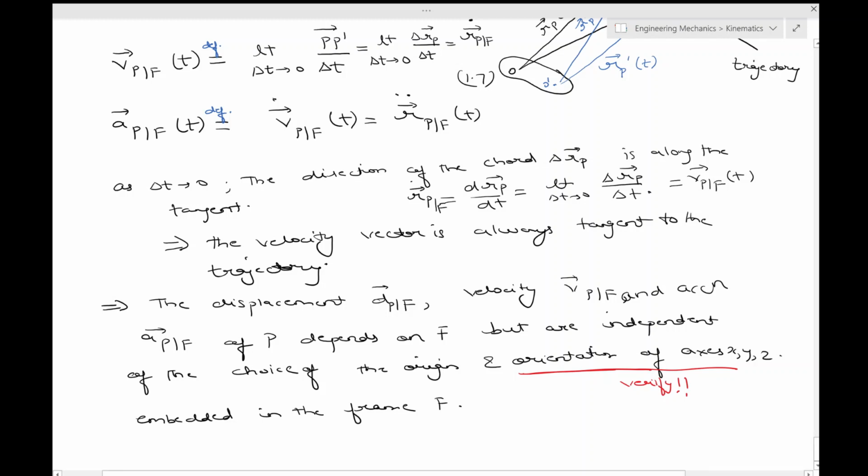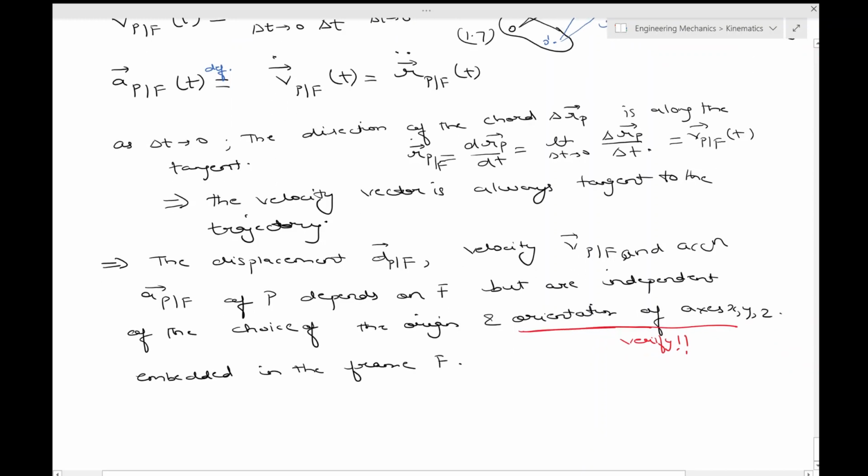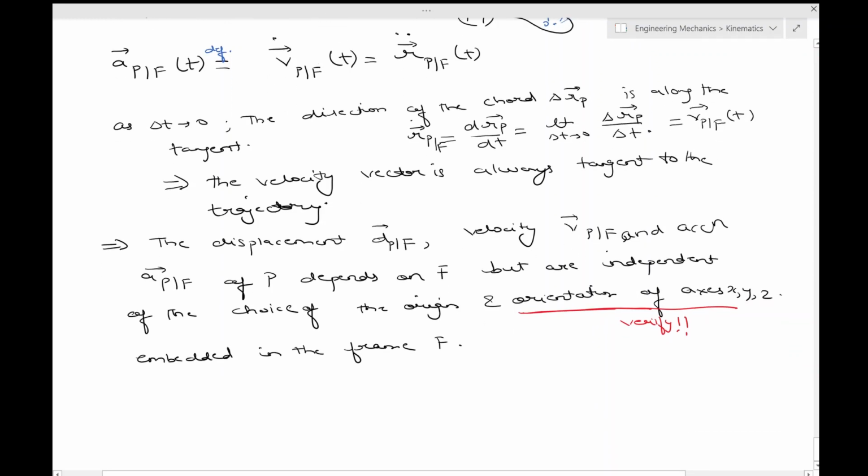Now we want to go back to this situation where we define rest and motion again. So clearly, P, this material point of interest in a big rigid body, is at rest in frame F. See, you should never ignore the frame. You have to mention the frame.